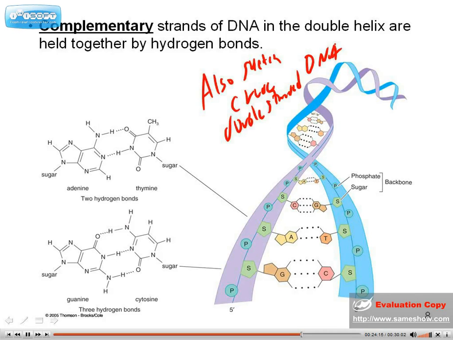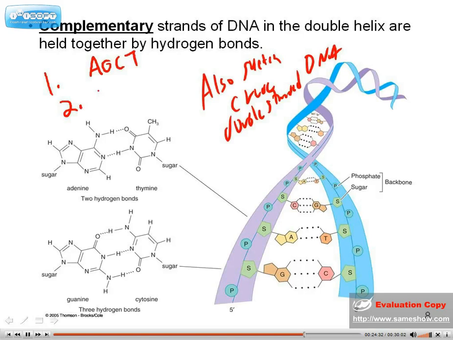First off, if I give you the letters A, G, C, and T, that would be one strand, and you'd have to create the complementary strand.